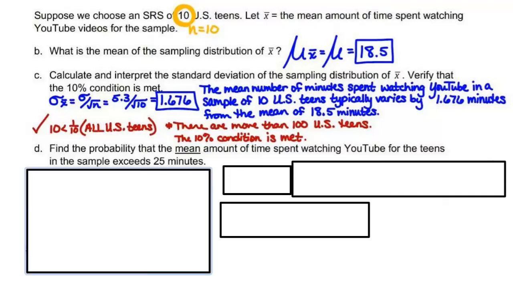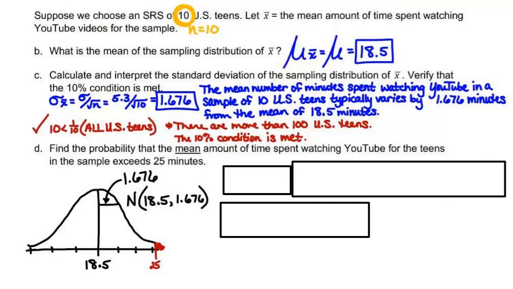Yes, because the population is normally distributed. 18.5 is my mean, but now my standard deviation is 1.676. So then we do normal CDF. This time, my notation changes a little bit.